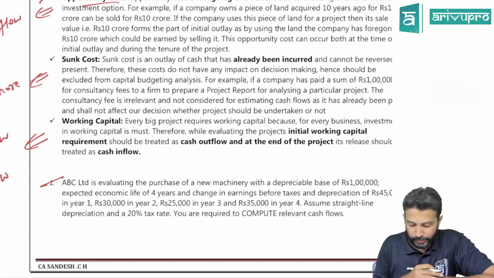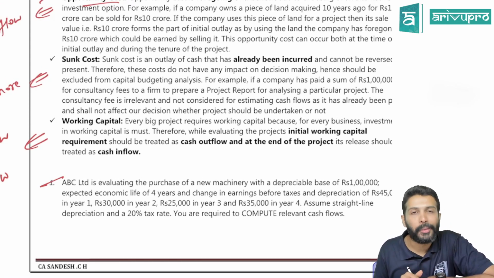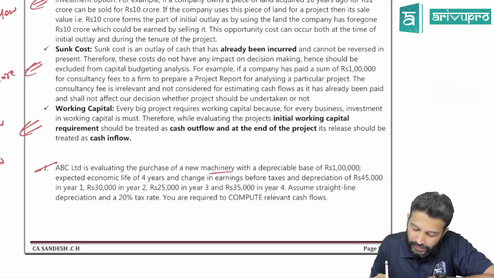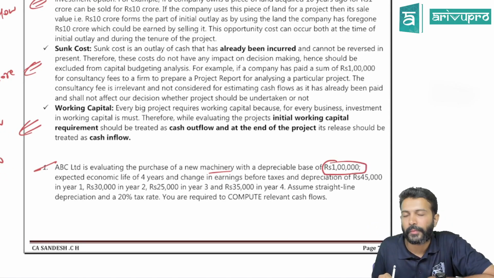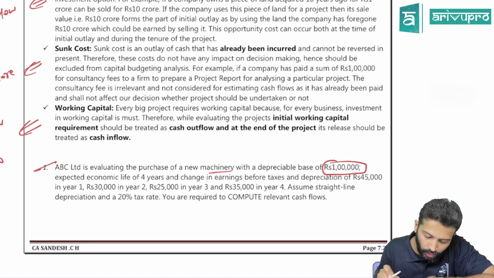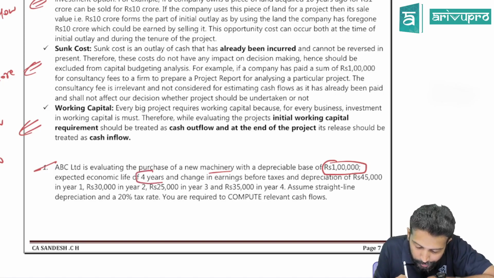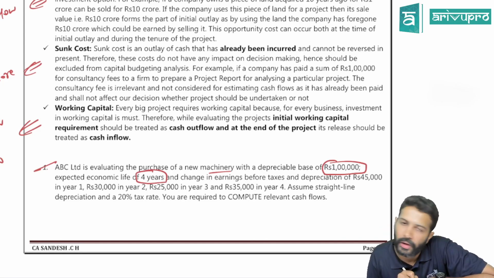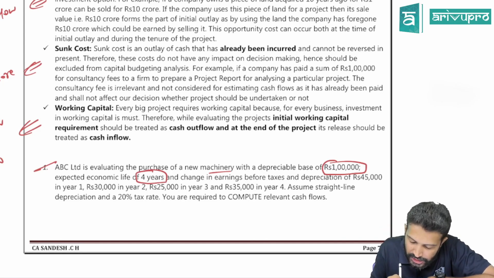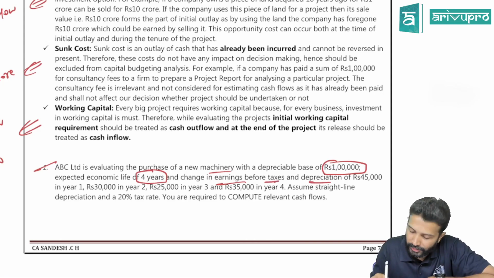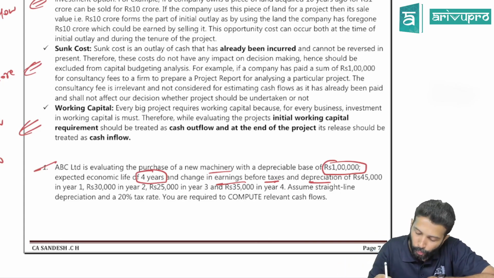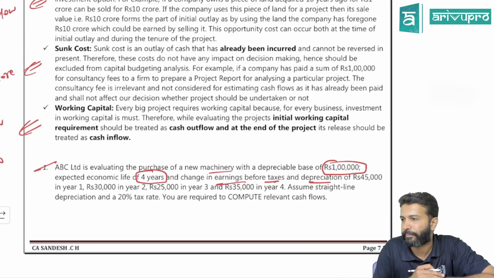First question, sir. ABC Limited is evaluating purchase of new machinery with a depreciable base of 1 lakh. Its expected economic life is 4 years, meaning this asset will last for 4 years. The change in the earnings before tax and depreciation, meaning before paying tax and before deducting depreciation.